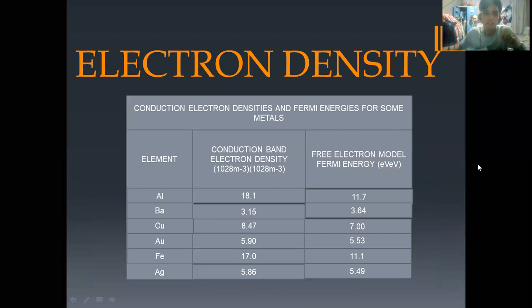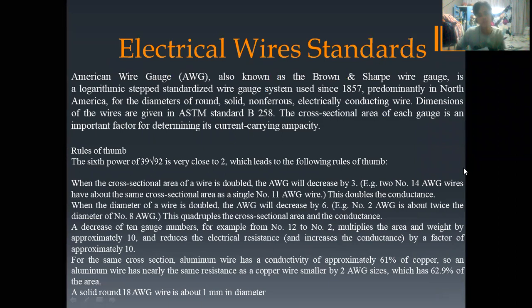So, conduction electron density comparing sa energy sa material. Dito kinukuha yung value. Electric wire standard. American wire gauge or AWG is also known as the Brown and Sharp wire gauge, a logarithmic step standardized wire gauge system used since 1857 predominantly in North America for the diameters of round solid non-ferrous electrically conducting wires.